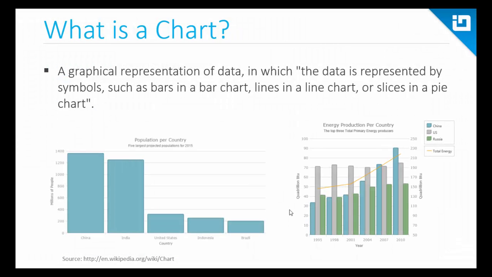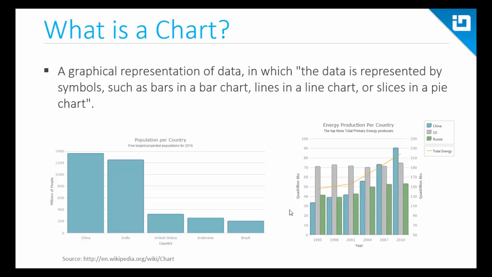So what is a chart? According to Wikipedia, of course, the source for everything, it is a graphical representation of data in which the data is represented by symbols such as bars in a bar chart, lines in a line chart, or slices in a pie chart. This is a real simplification of what a chart actually is.